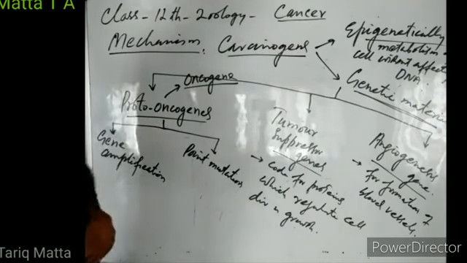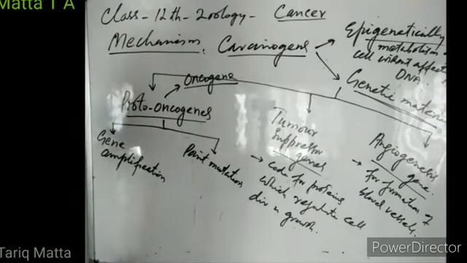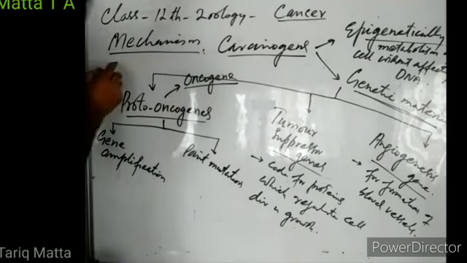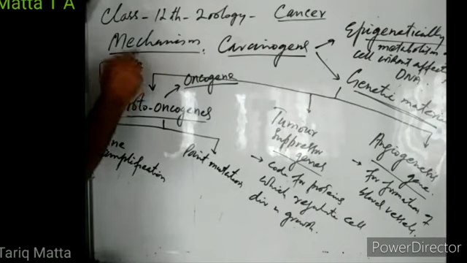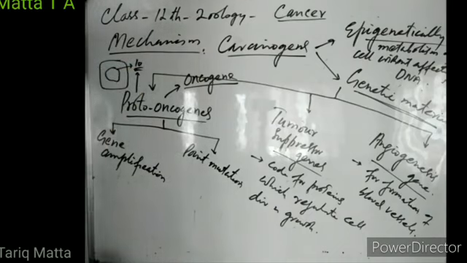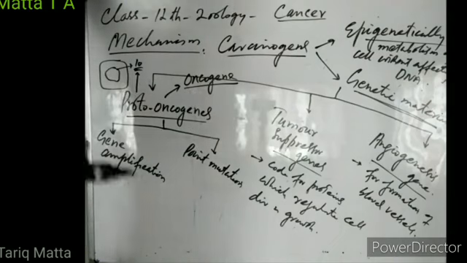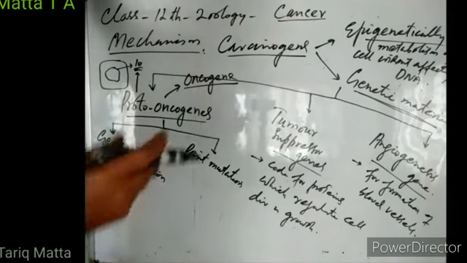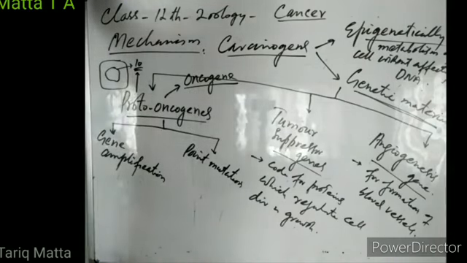In every cell, there is a fixed number of proto-oncogenes. Suppose this is a cell. In its DNA, there are 10 proto-oncogenes. These 10 proto-oncogenes produce sufficient protein, which is required for the growth and division of the cell.